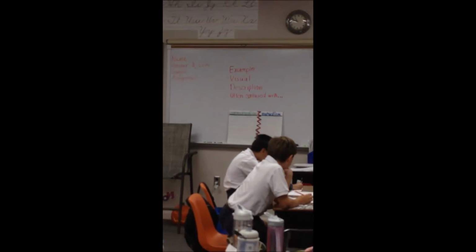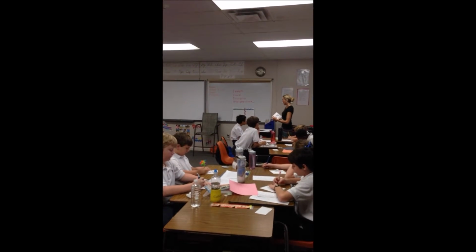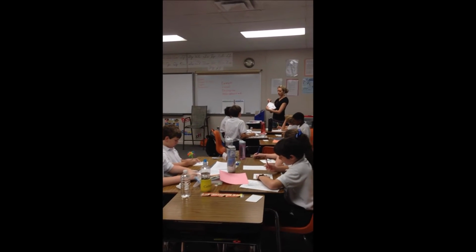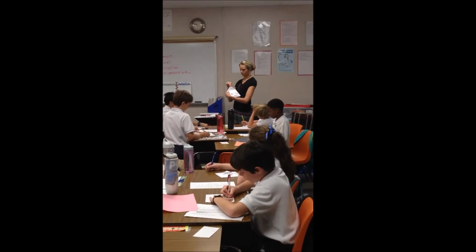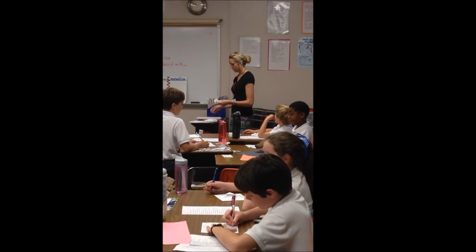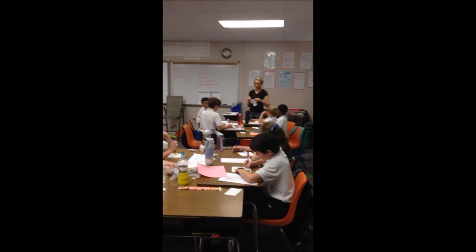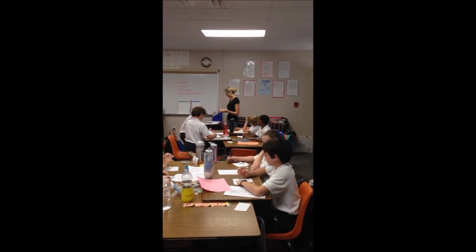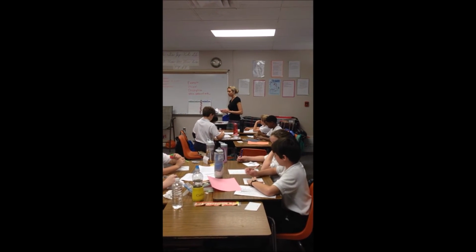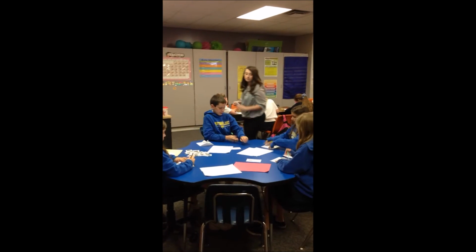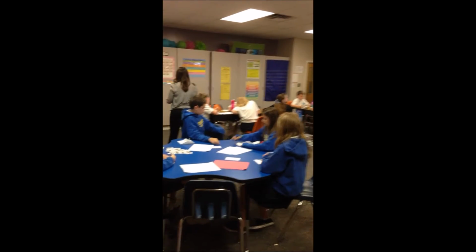Once you finish with that, I want you to write the answers inside of the fold. Okay? So for the description, you're going to write the definition. Who can tell me the definition? Commensalism is a relationship between two animals.